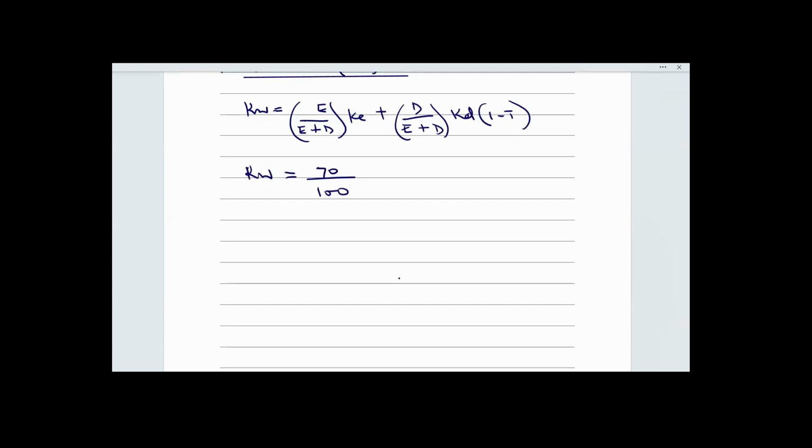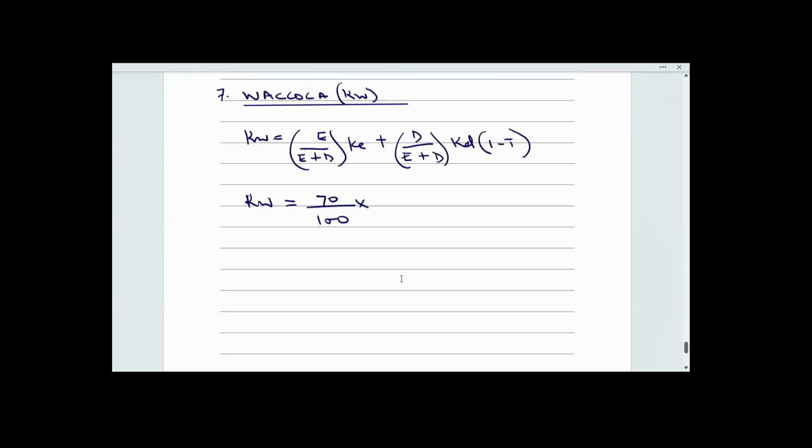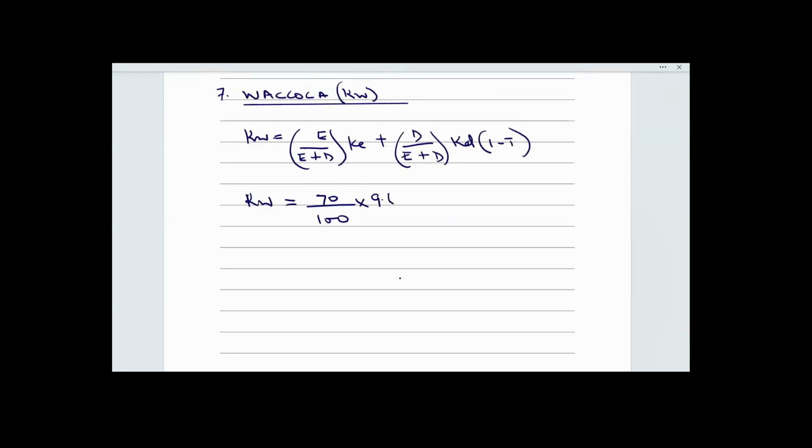That is 70 plus 30 is 100. Multiplied by cost of equity. Cost of equity, we got 9.68, plus debt value is 30%. Total value is 100. Multiplied by KD. KD is the cost of debt.